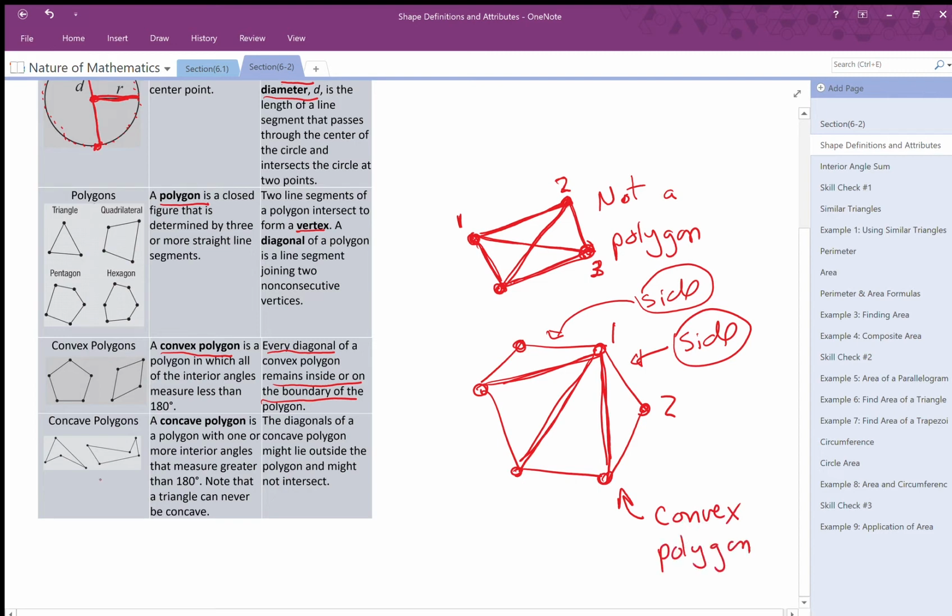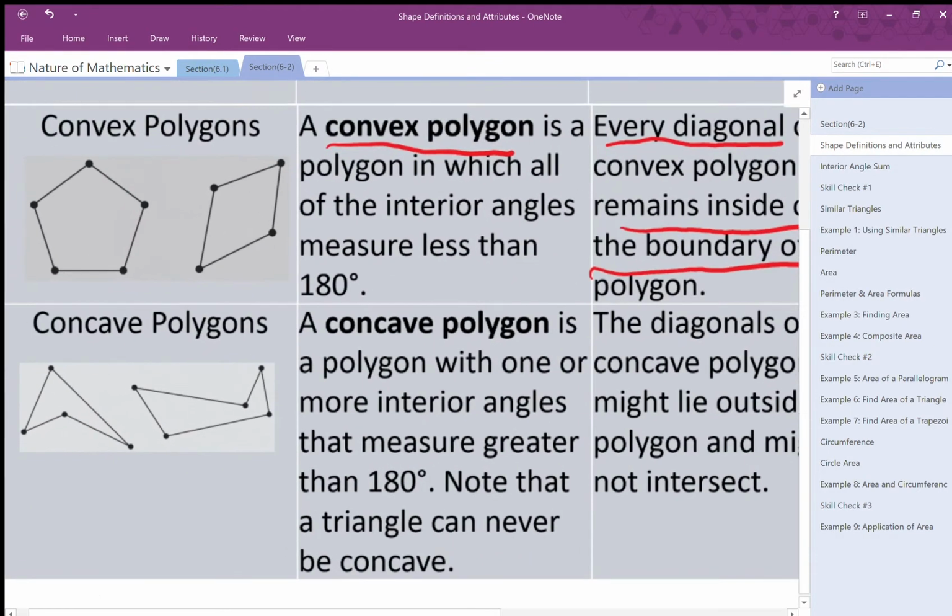And then here we see concave polygons. There's a polygon where 1 or more of the interior angles measure greater than 180 degrees, and the property is that the diagonals can pass through the outside of the polygon, the exterior region.